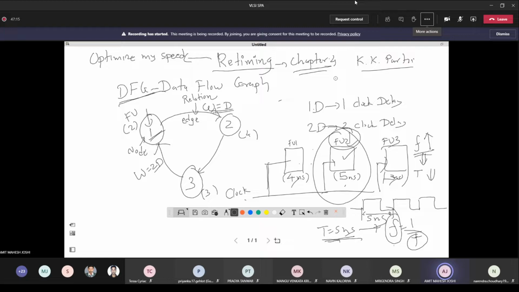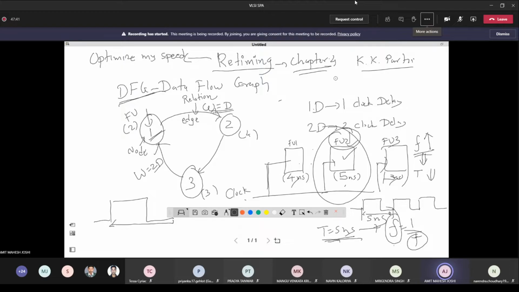That means within one particular clock period, both of these nodes, which I consider as functional units, should complete their execution. Am I right? Because there is no delay. So this and this have to be completed in the same clock cycle.